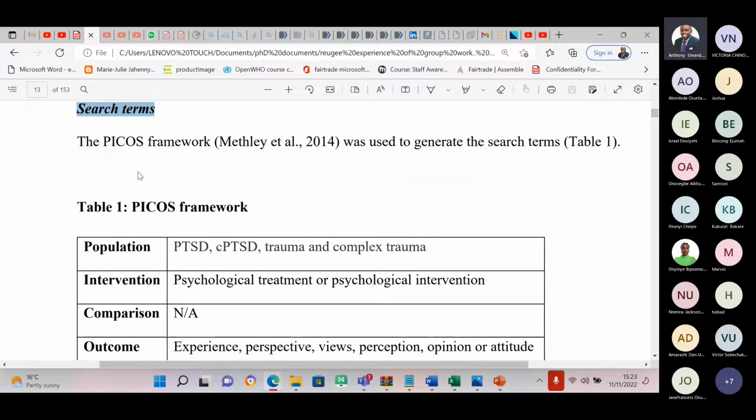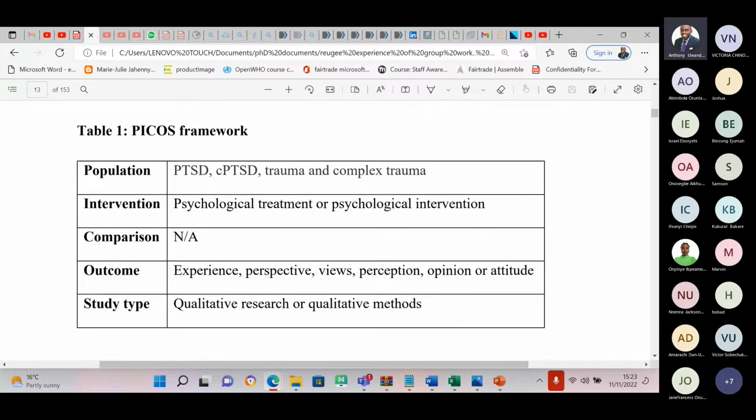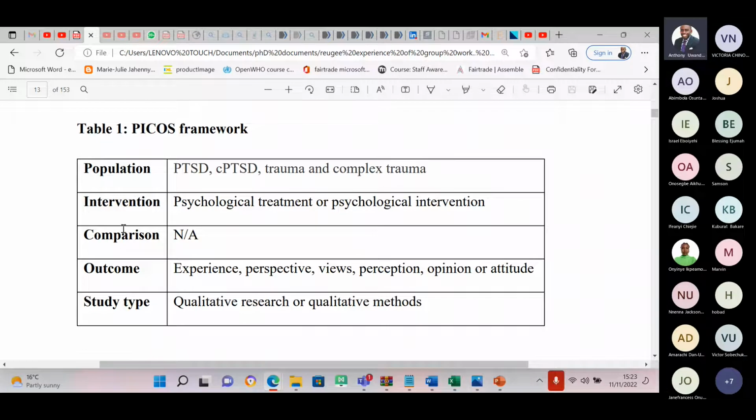So using your PICO framework, it's good that you have this particular framework here. You can see they use population, intervention, comparison group not available, and then outcome. So what's the outcome here? The outcome is experience, perspective, views, perception, opinion or attitude.